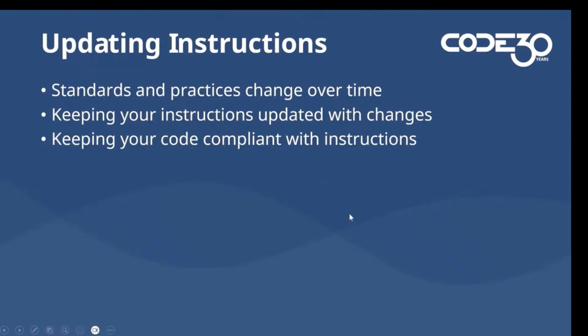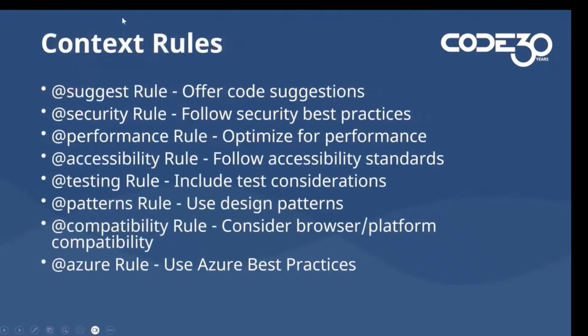I'll show you an example of this a little bit later in the presentation, so we'll stick with this for now. Notice here's the context rules. Here are some of these other kinds of rules that you can create and provide additional context inside of your instruction files.